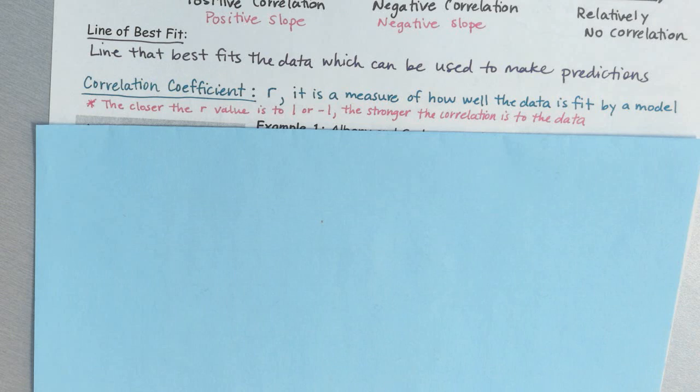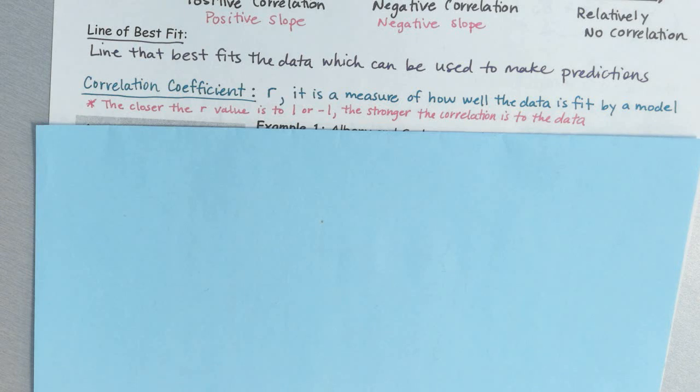Okay, so the correlation coefficient R is going to be somewhere between -1 and 1. Many a time it will be a decimal. The closer that decimal is to 1 means that it has a strong positive correlation. The closer it is to -1 means it has a strong negative correlation.